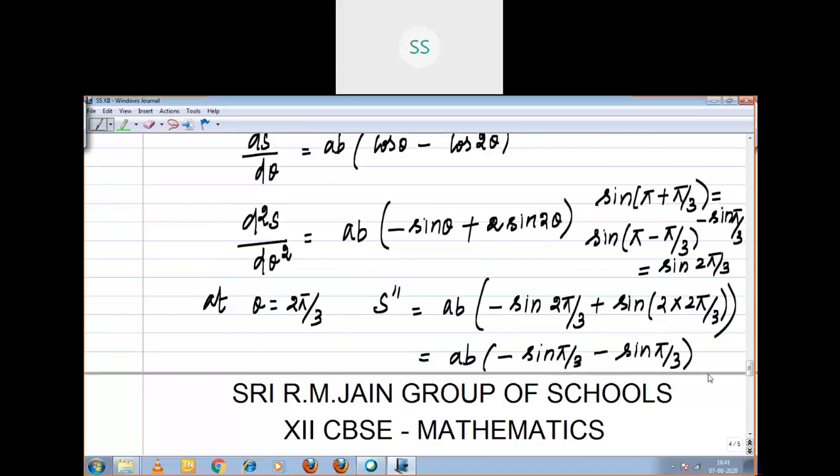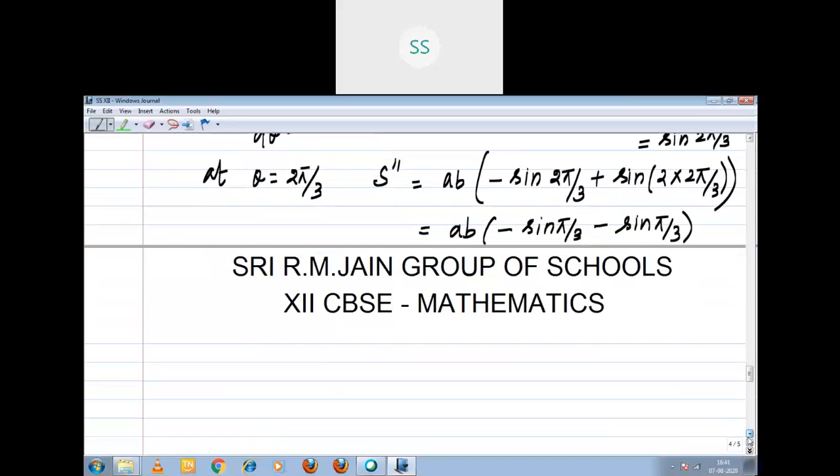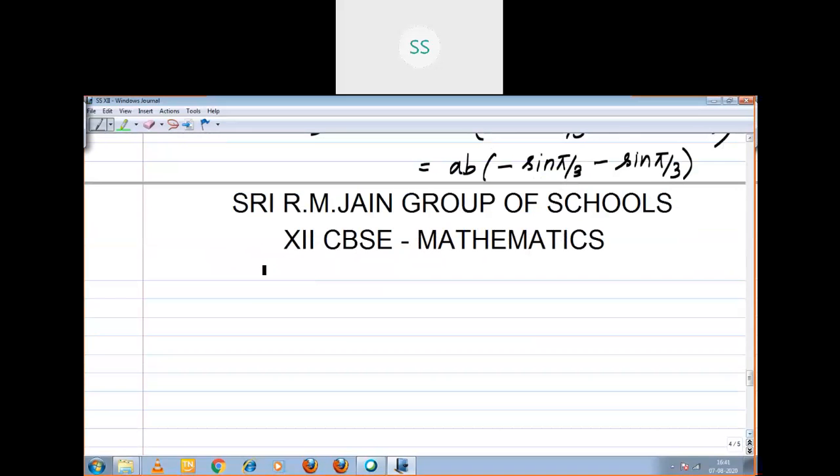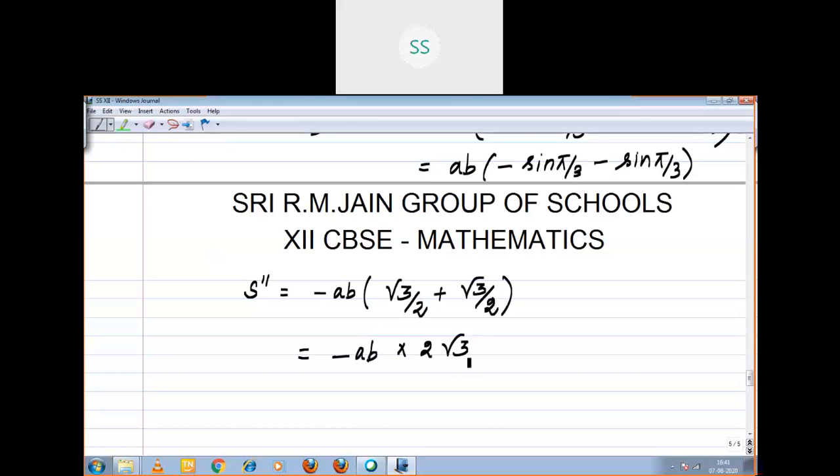Now both are negative, so you take a negative symbol outside. S double dash equals minus AB into, what is the value of sine 60 degree? Root 3 by 2 plus, because you took minus as common, 2 times root 3 by 2.